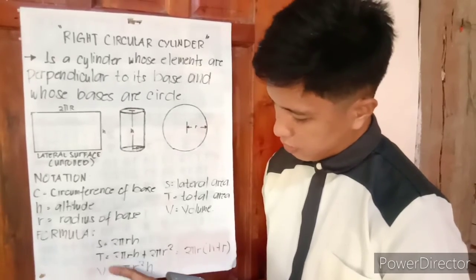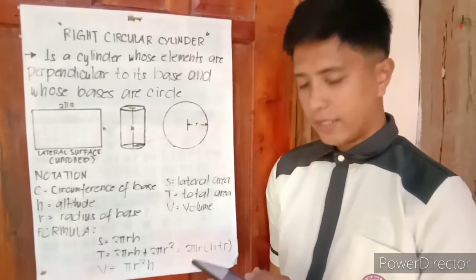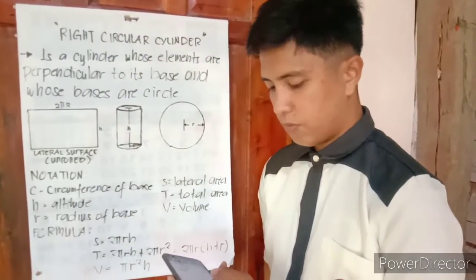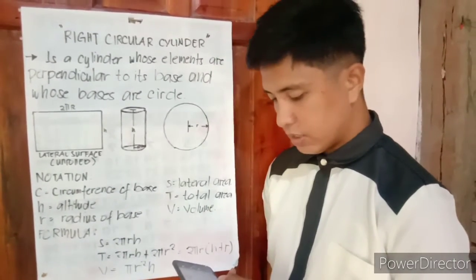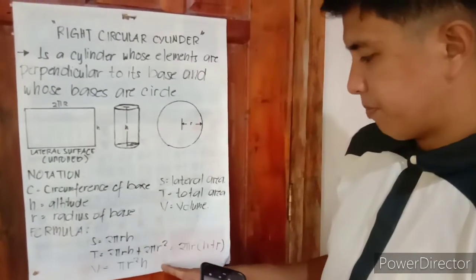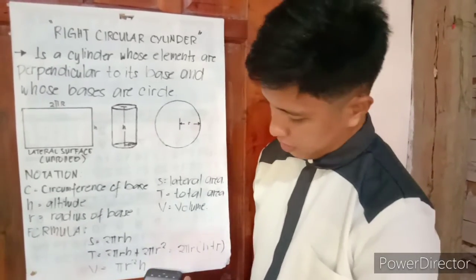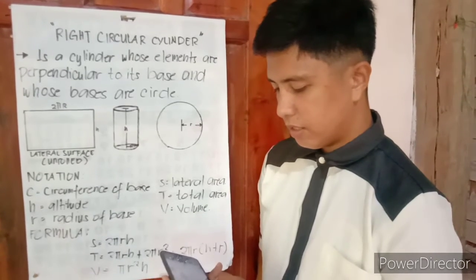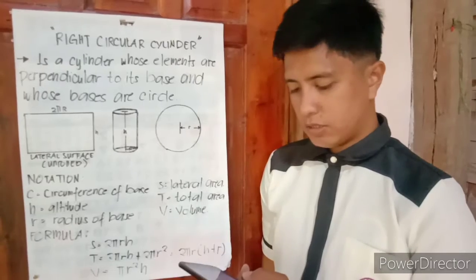Then T equals 2 pi r h plus 2 pi r squared. This is the total area of a right circular cylinder, equal to the sum of its upper and lower bases plus its lateral area. So the volume is pi r squared times height, the product of the area of the base and its altitude.